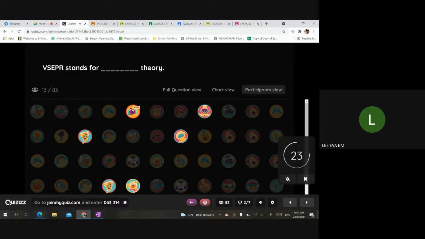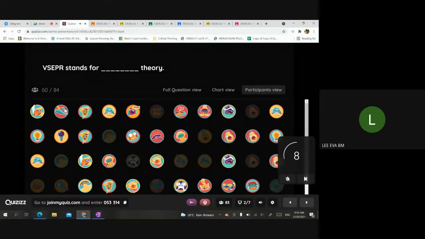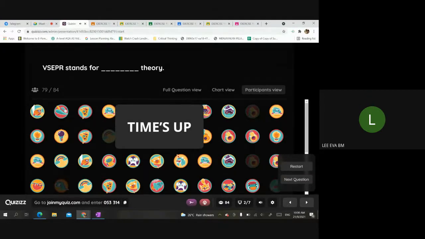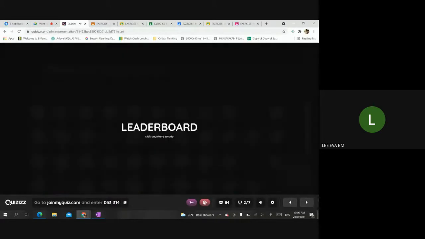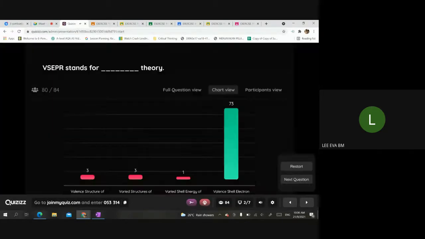Nama penuh untuk Vesper Theory, VSEPR. Cipu got it correct. Well done. Okay, most of you got it correct. Yeah, Vesper Theory, valence shell electron pair repulsion.